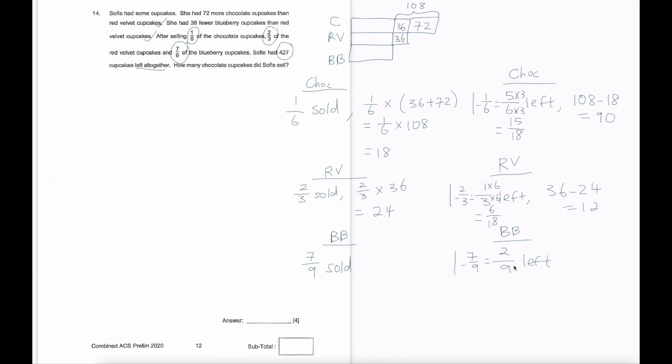Okay, and over here I multiply by 2. I'm gonna get 4/18. And since it's over 18 for my leftover, I need to do it for my sold also. So I need times 3 also. And over here I need times 6. And times 2 here. Okay.